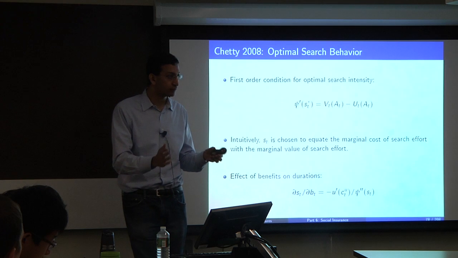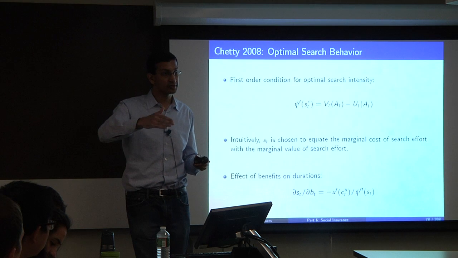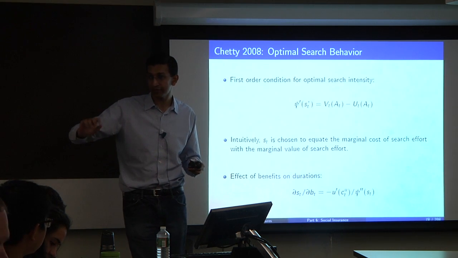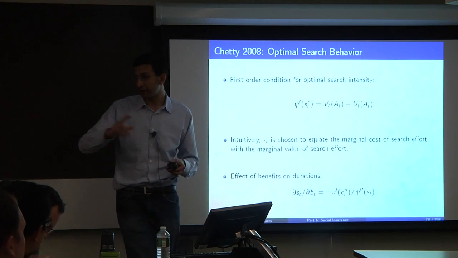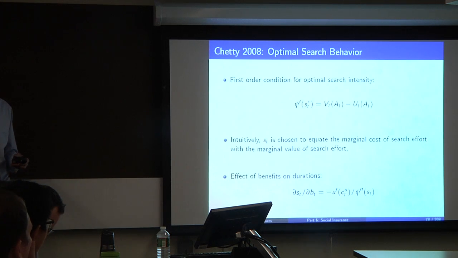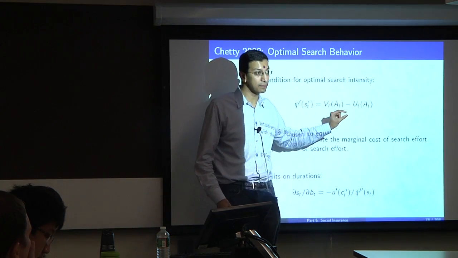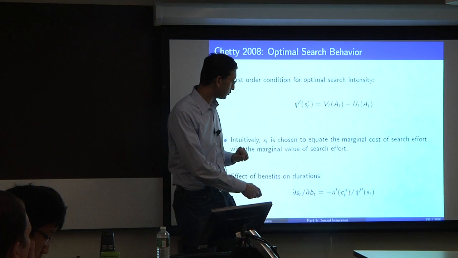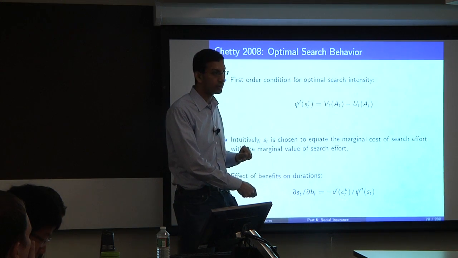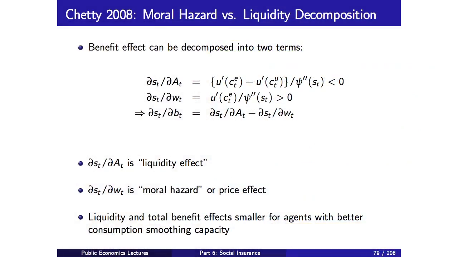That's again because of an envelope condition that you are going to re-optimize your search behavior and consumption behavior, savings and everything else when I change benefits, but none of those changes is going to have a first order impact on your value going forward. And so I only need to look at the place where the b appears directly, and that's why I only get that marginal utility there, all right? And then the psi prime prime is just coming from differentiating the left-hand side and then dividing.